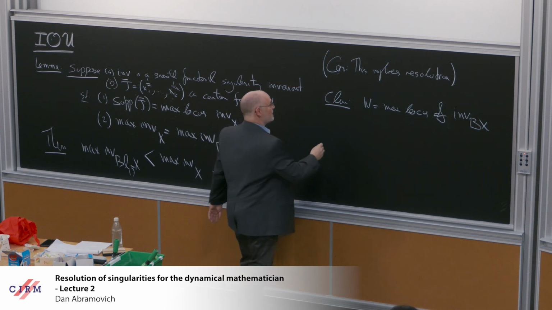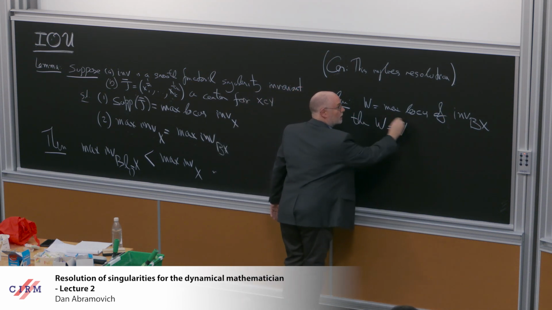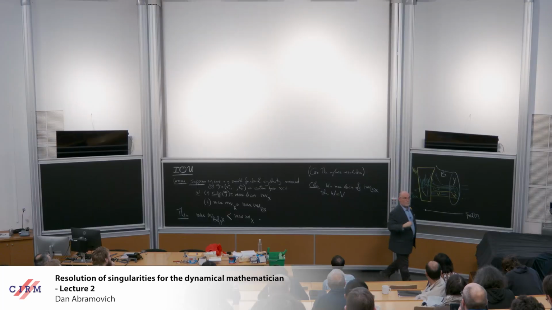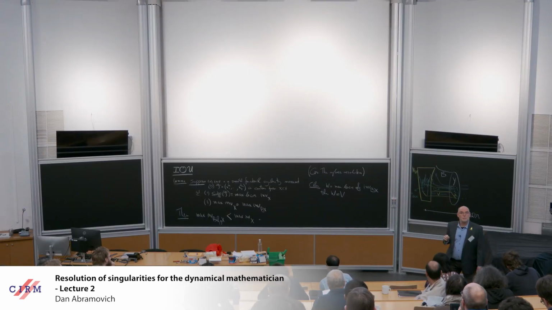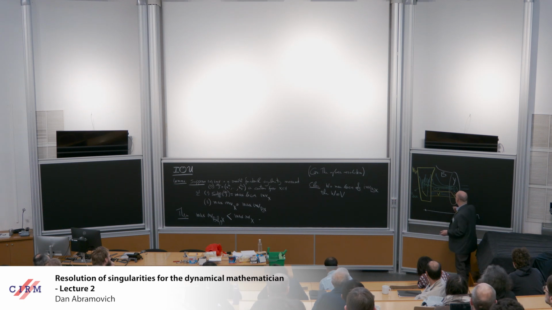And the claim is that W equals the vertex. That has to follow from what I require of an invariant. It should be completely mindless. Okay, so let's see how it works.